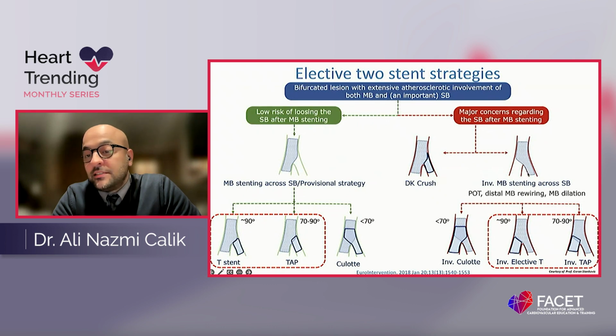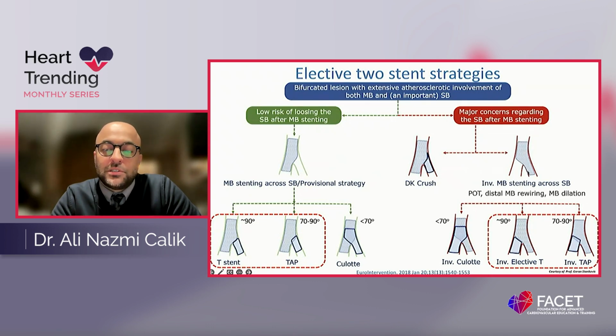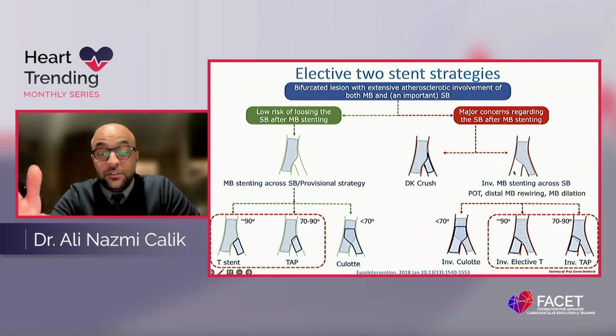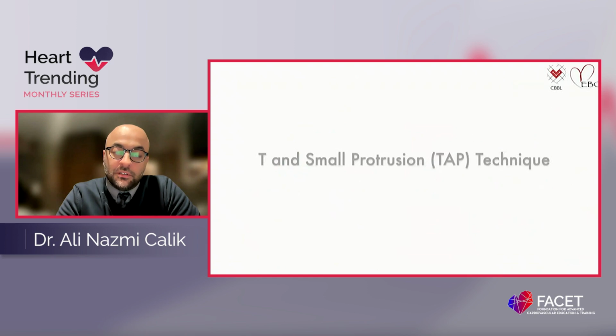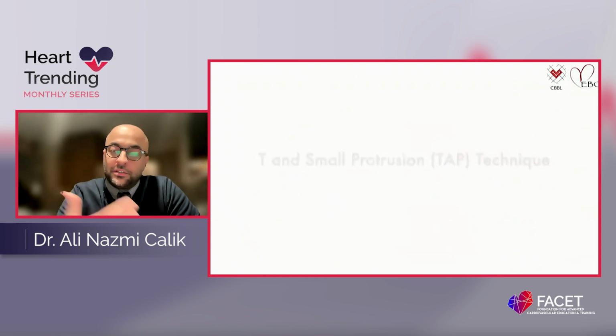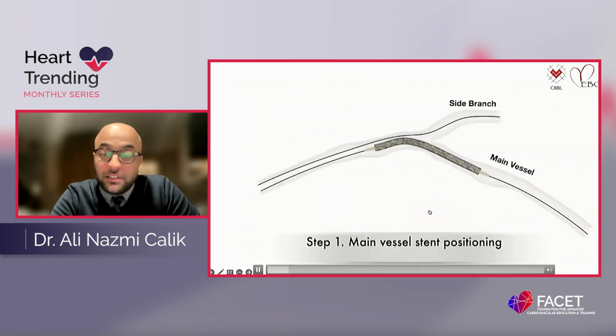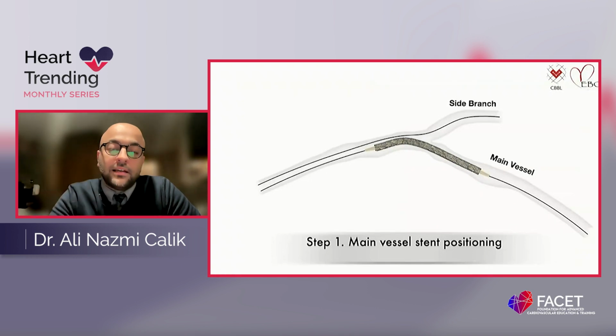If you think that you have a significant side branch ostial stenosis, you can put your first stent from the main vessel to the side branch, and then continue with the second stent. But it is really important to say that the TAP technique or T technique is generally recommended for wide angle bifurcations, wider than 70 degrees.